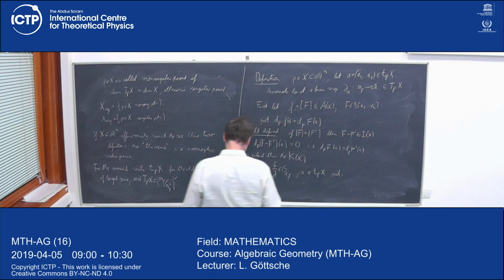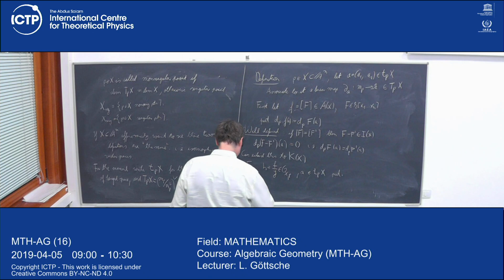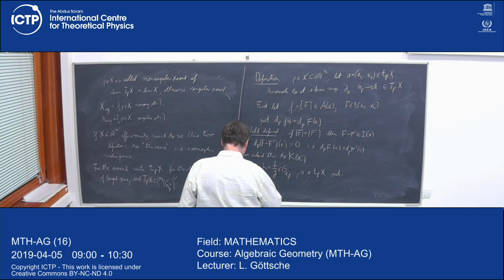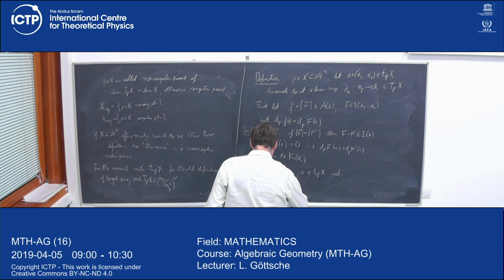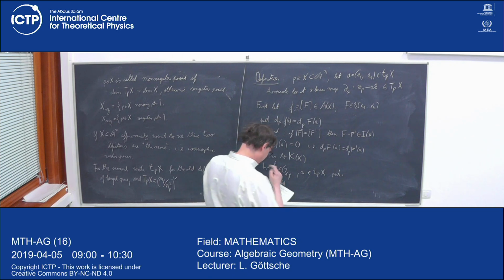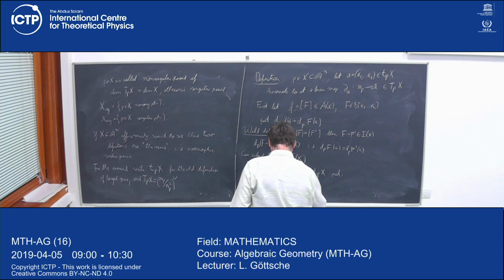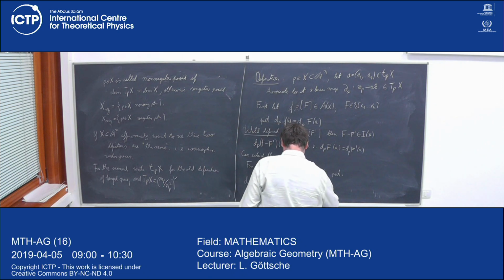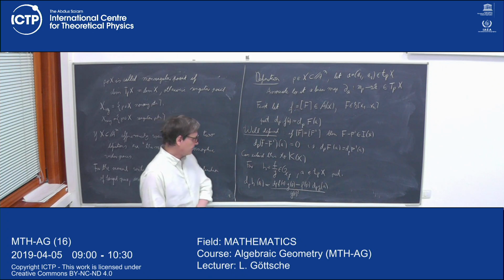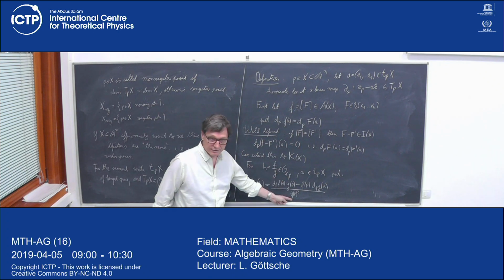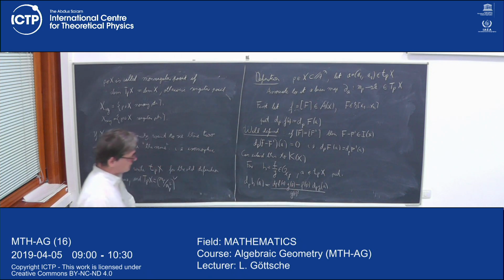One has to remember the formula which I never can remember for the derivative of fractions: dph of A is equal to dpf of A times g of p minus f of p times dpg of A, divided by g of p squared. And this makes sense because we are in the local ring of x at p, so g of p is non-zero.